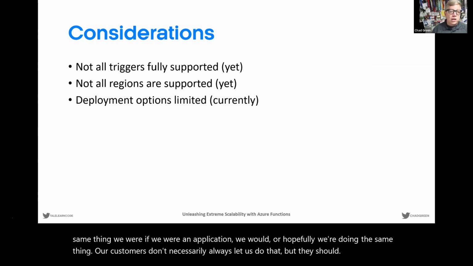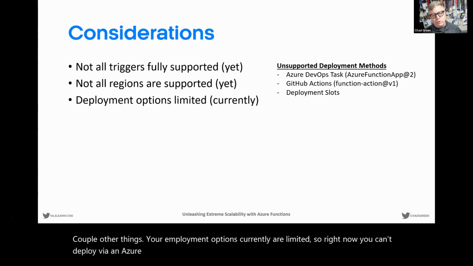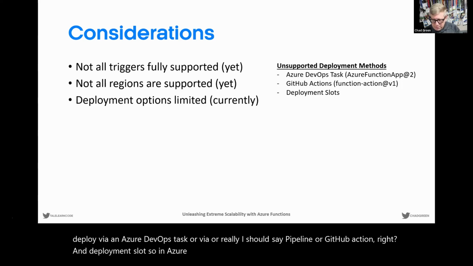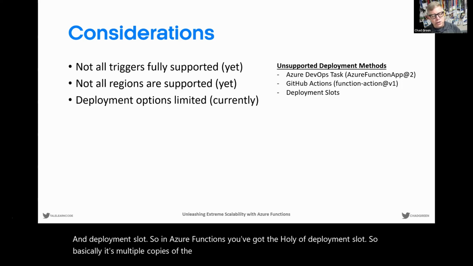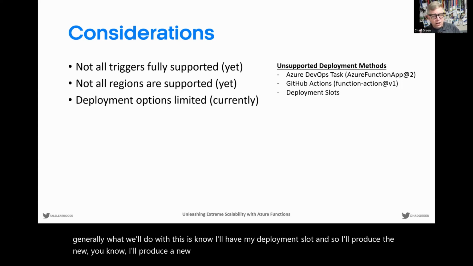Couple other things. Your deployment options currently are limited. So right now you can't deploy via an Azure DevOps task, or really, I should say pipeline, or GitHub Action, right? And deployment slots. In Azure Functions, you've got the whole idea of deployment slots. So basically, it's multiple copies of the Azure function, but at different stages. Generally what I'll do is produce the new version in my deployment slot, push it over there, run some smoke tests on it, and make sure it's doing what I want it to do.